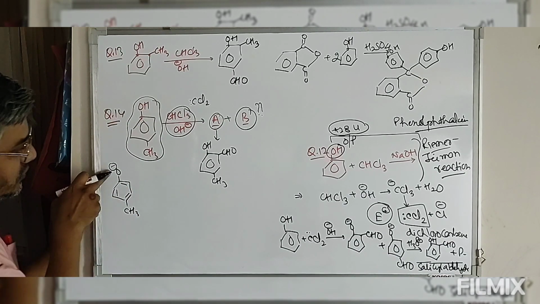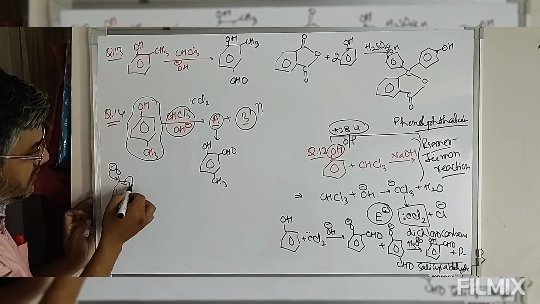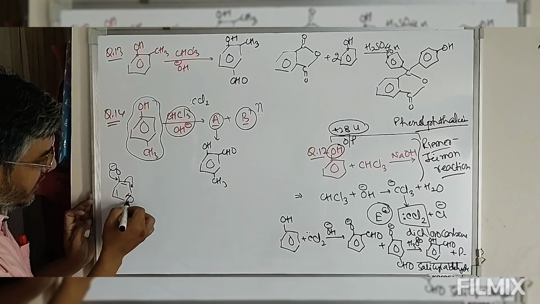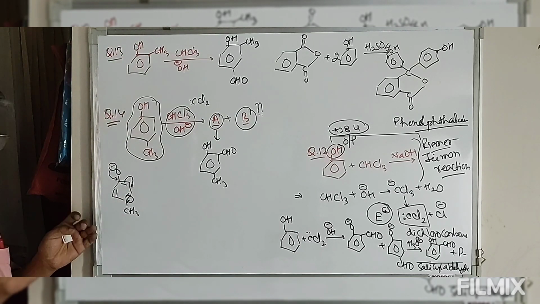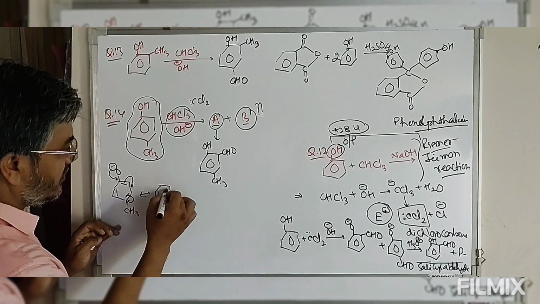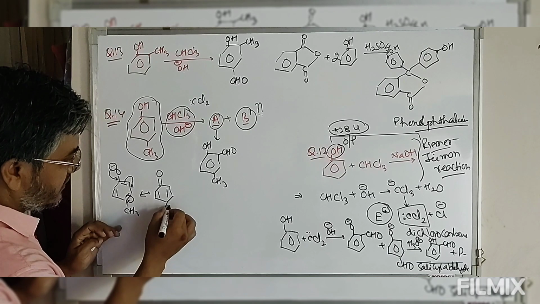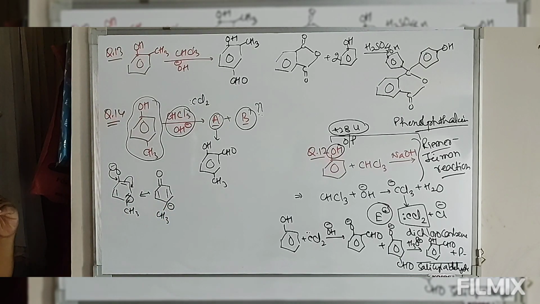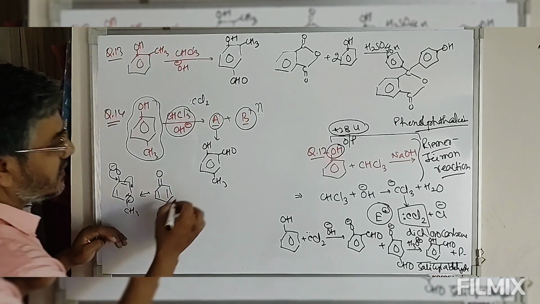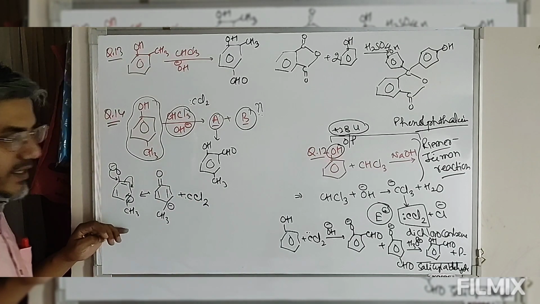So now this electron is in conjugation with the benzene ring. So this reacts here, and the para carbon becomes negative. Because of this resonance, we have this double bond, double bond, double bond, with CH3 and negative charge. So this negatively charged para carbon reacts with CCl2, that is dichlorocarbene.